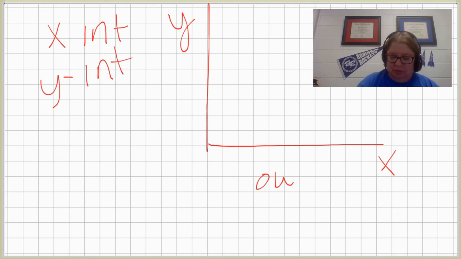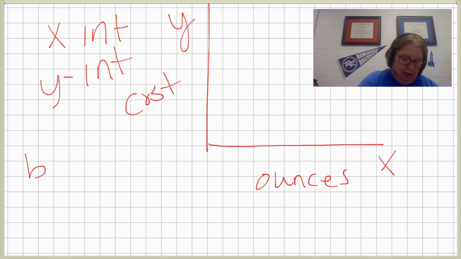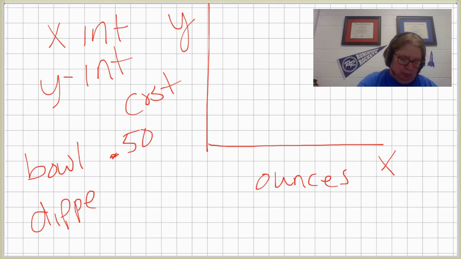Okay, we said that this was ounces, and this is cost. In that video, I believe the cost for a regular bowl was 50 cents, and for the dipped waffle bowl was 60 cents, right?